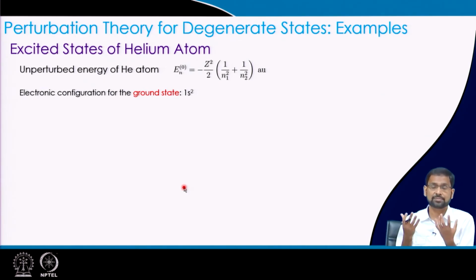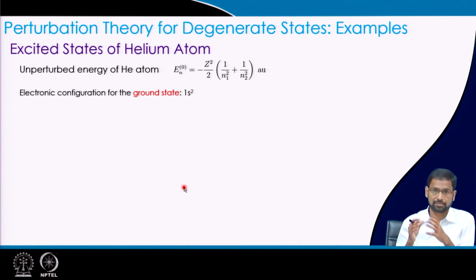So my unperturbed system would simply be a system where there is no electron-electron interaction, as if I have 2 hydrogenic atoms with Z equals 2 because of the helium nucleus. Each electron is treated separately with the same nucleus.